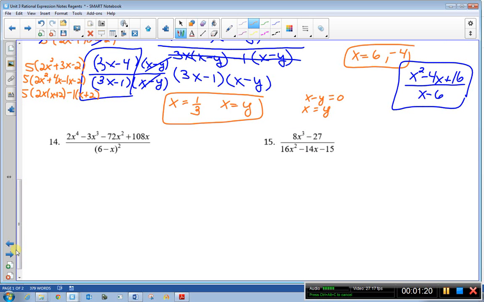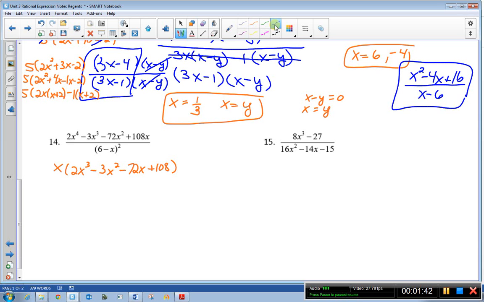14 and 15. If I factor out an x from that numerator, I get 2x cubed minus 3x squared minus 72x plus 108.